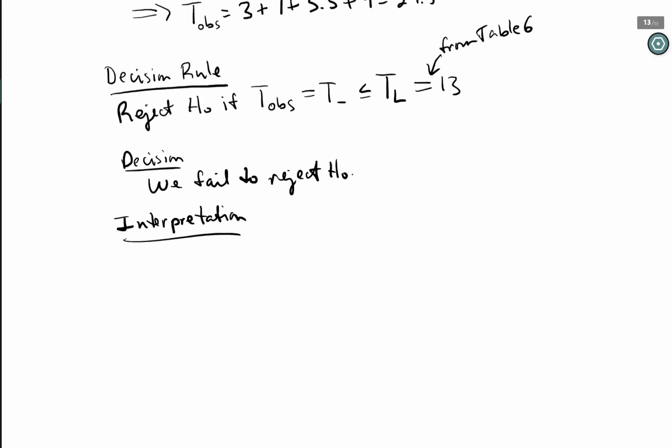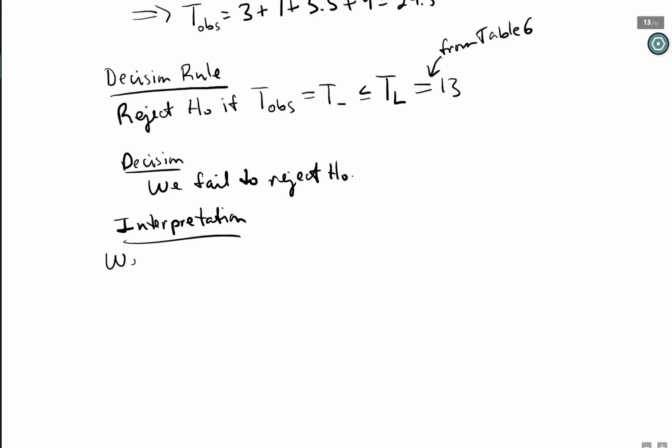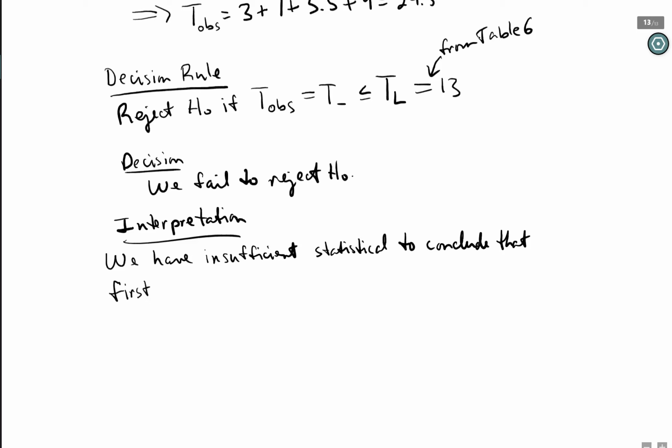So the interpretation is that we have insufficient statistical evidence to conclude that firstborns are more aggressive than secondborns according to this study.